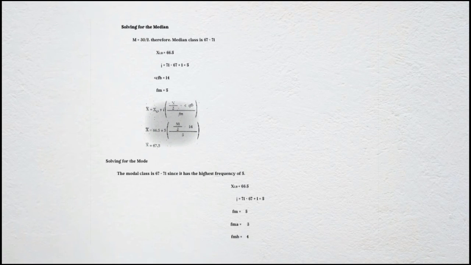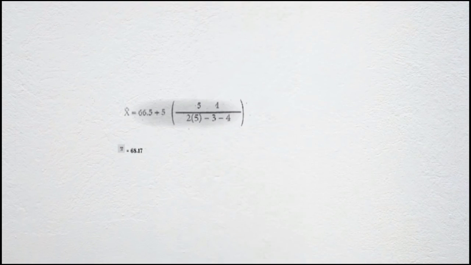The class frequency of the class before the modal class is 4. So applying the formula, we substitute: 66.5 plus 5 multiplied by the quantity of 5 minus 4 all over 2 times 5 minus 3 minus 4, we have 68.17.